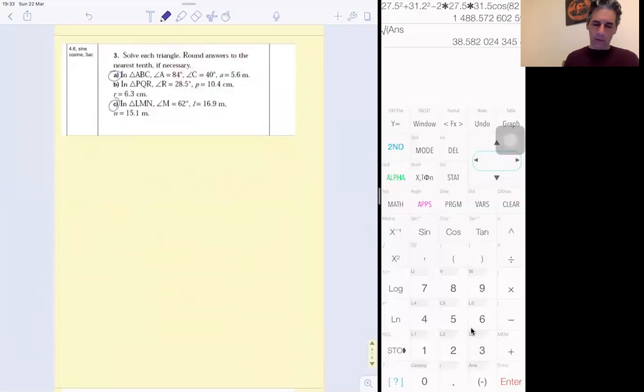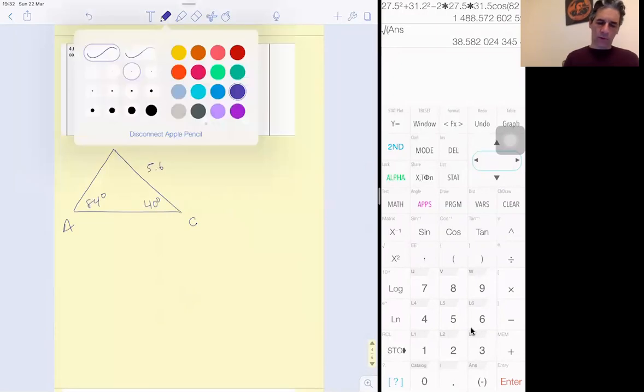So A, you've got an angle of about 84 degrees. So I would draw that first. Okay, and then there's another angle at about 40 degrees. So if I come about here, 40 degrees, and that was C, and it's telling me that little side A is 5.6, and we've got to solve the triangle.